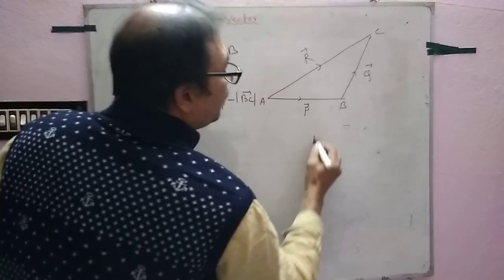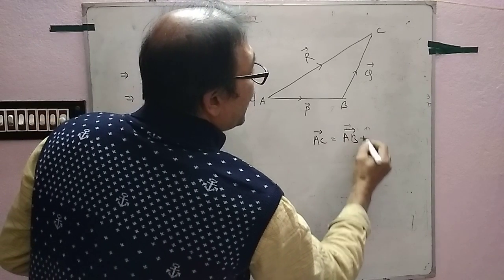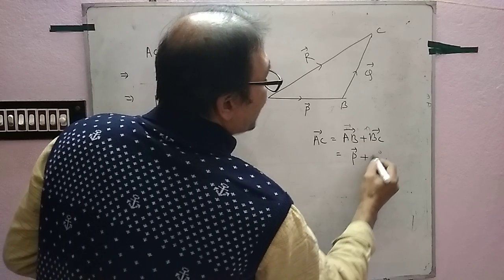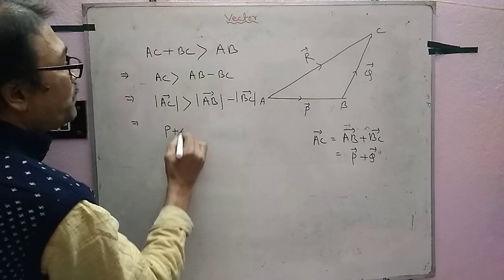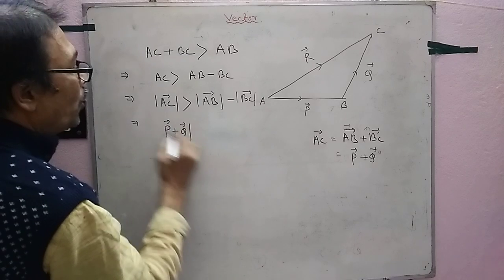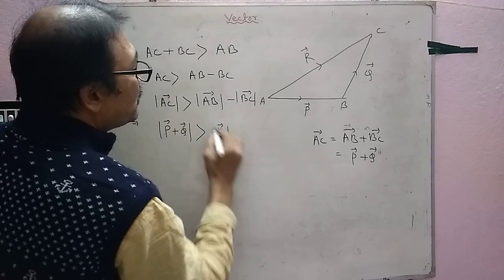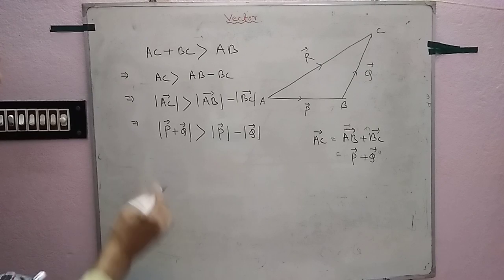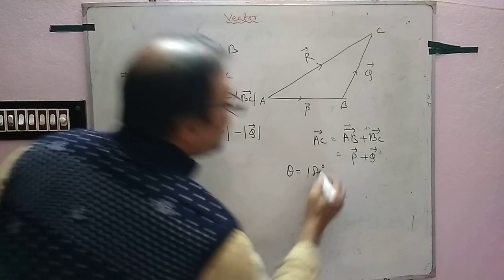We said just before that AC equals AB plus BC, that is P plus Q. So here mod of P plus Q is greater than mod P minus mod Q. Follow. What did we get earlier? Less than. Now we got greater than, when theta equals 180 degree.